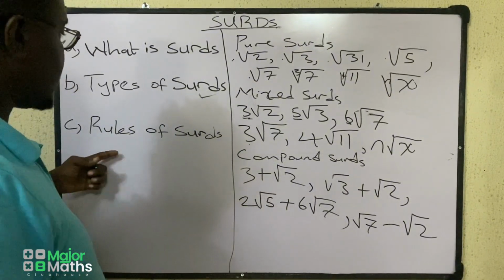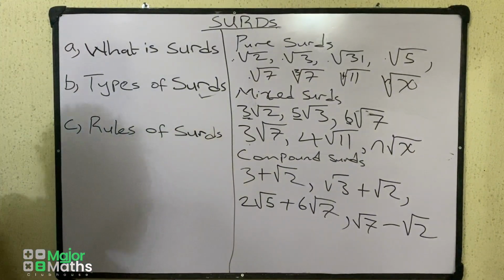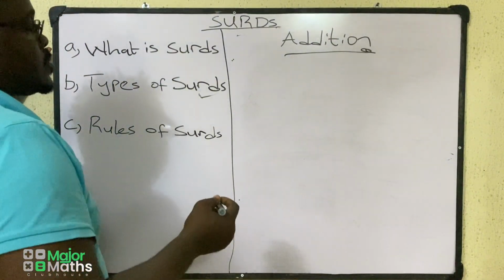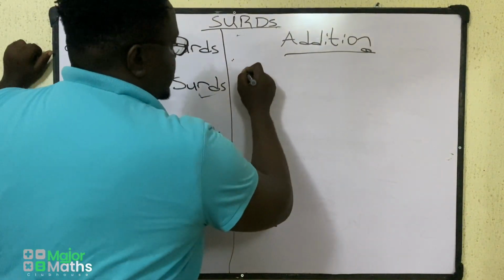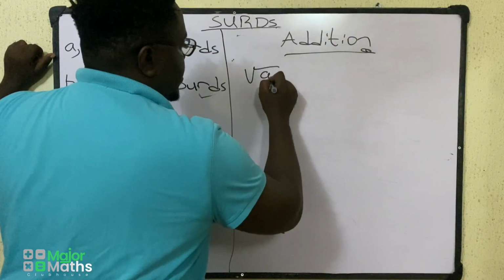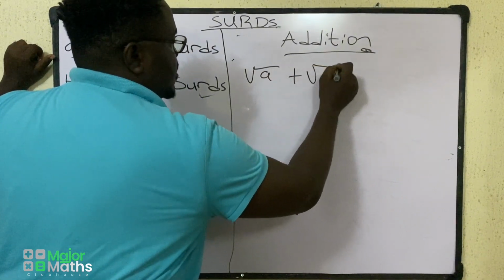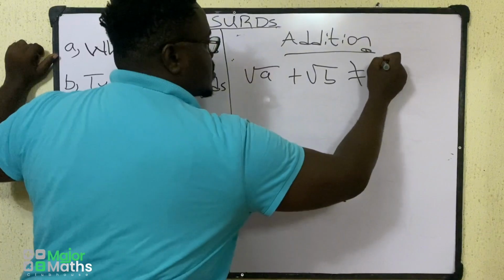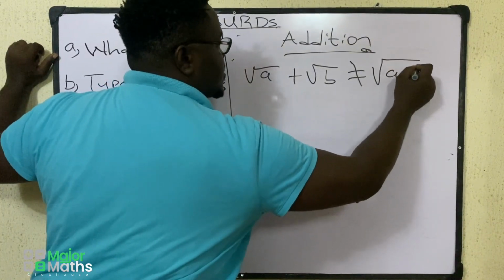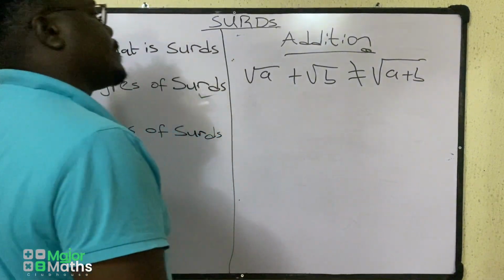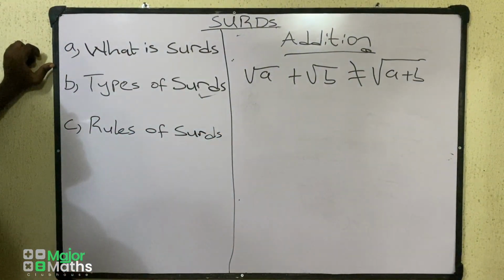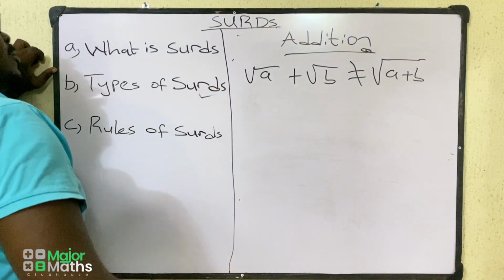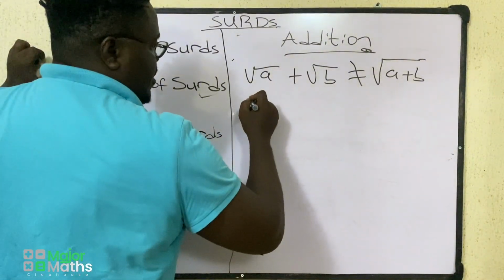Up next, we're going to be dealing with rules of surds. We're going to commence with addition. Root A plus root B is not equal to root A plus B. What it means is, let me give an example.